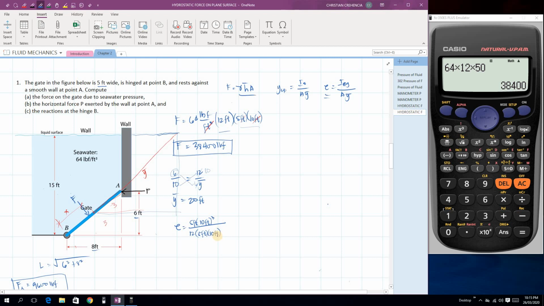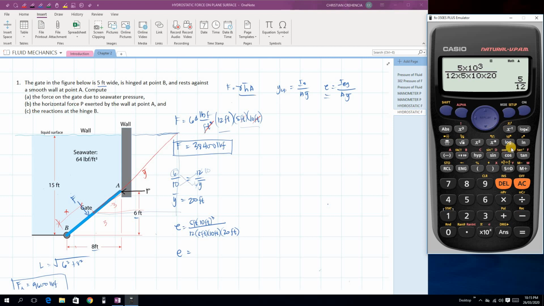Okay. Then yung ating y bar na 20 feet. So yung distance E is equal to 5 times 10 cube over 12 times 5 times 10 times 20.